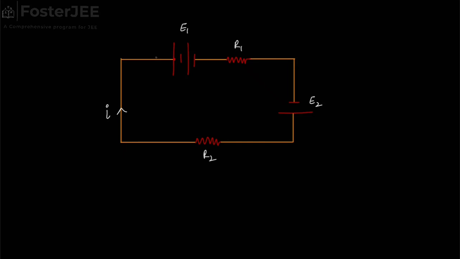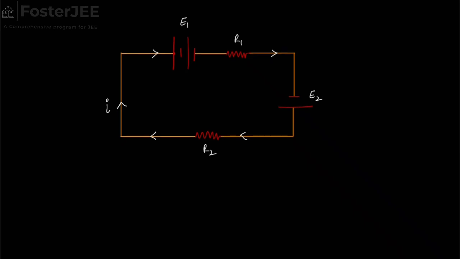Since it is a series circuit, the current through all the elements is the same, and that is equal to I. Let's not bother about the direction as of now, but what Kirchhoff's law says is that since this is a closed loop, if we move along this direction or if we move along this direction, the algebraic sum of potential drops has to be 0. Now let's see whether this statement is true or not.